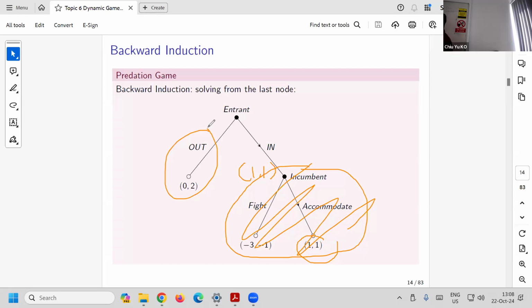Backward induction is possible if you have a finite number of periods, because you can go to the last period and do backward induction. But there's no last period when you have an infinite game, right? So that's why we still have to define subgame perfect, because backward induction is only feasible when there's a final period.